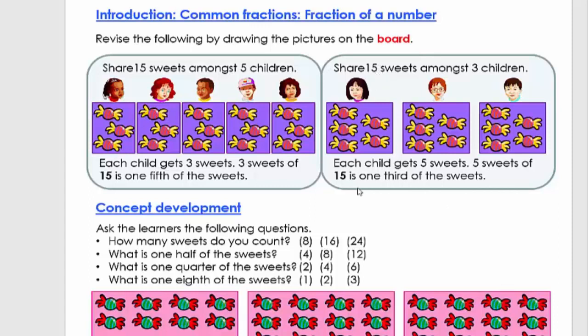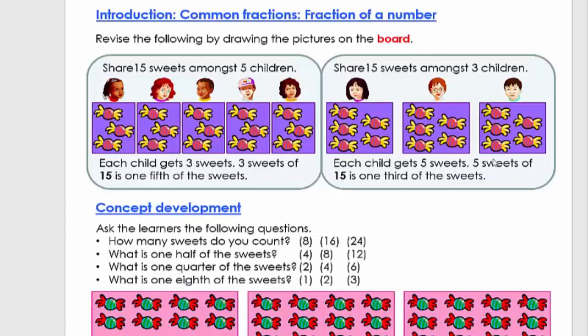Let's go to the next one. Here we share 15 sweets amongst 3 children. So we have the 3 children and the 15 sweets in total. Each of the 3 children gets 5 sweets.